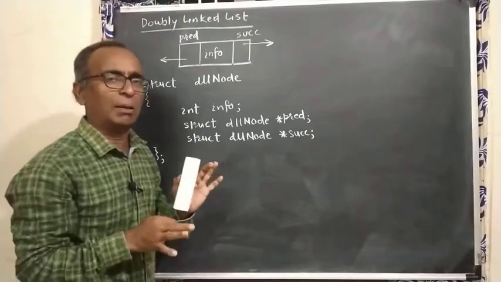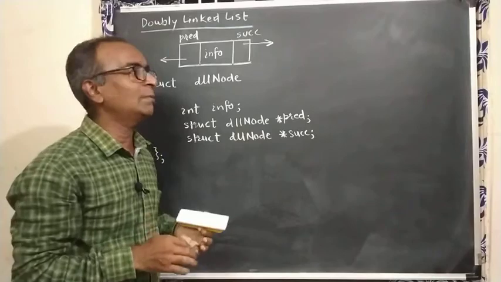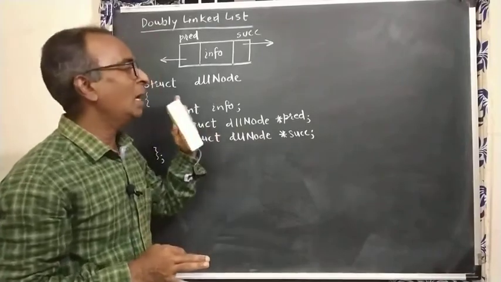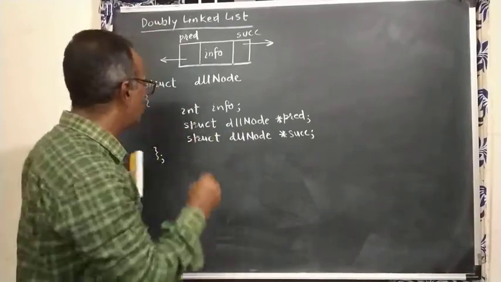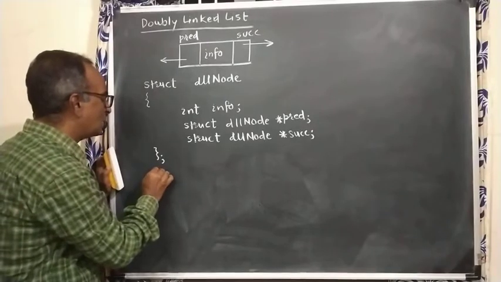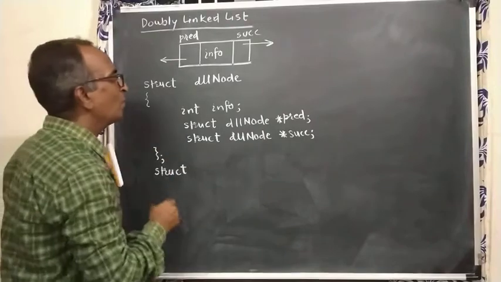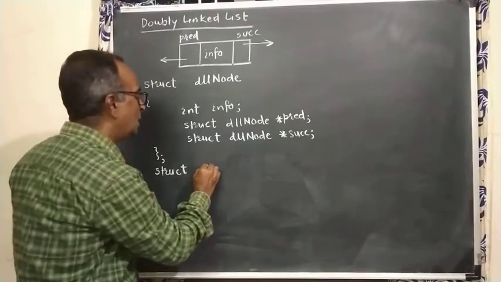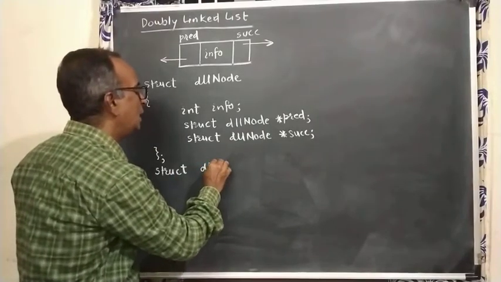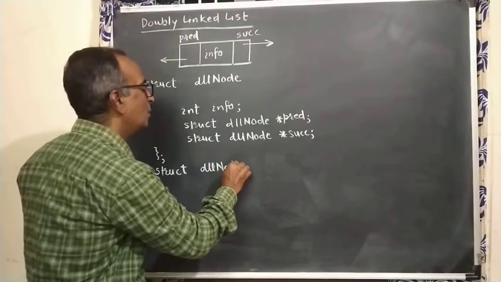I'll just recap whatever important points we have seen in singly linked list. I'll take it for doubly linked list. Now you might have seen in singly linked list or doubly linked list, what we have done is we have created a pointer.